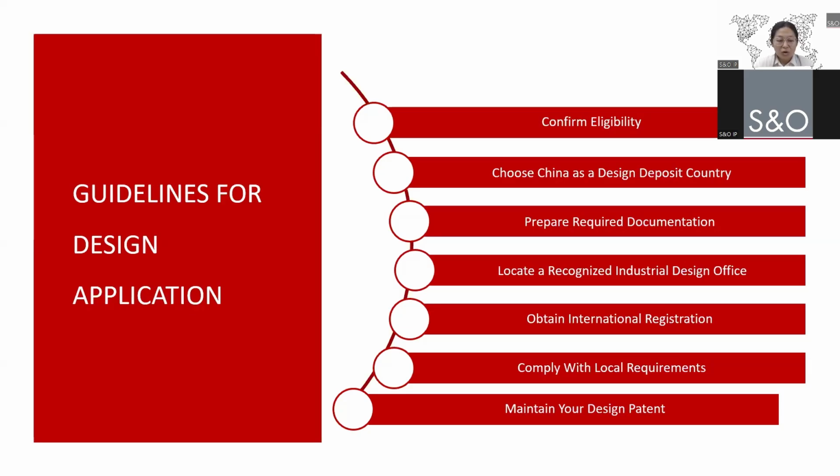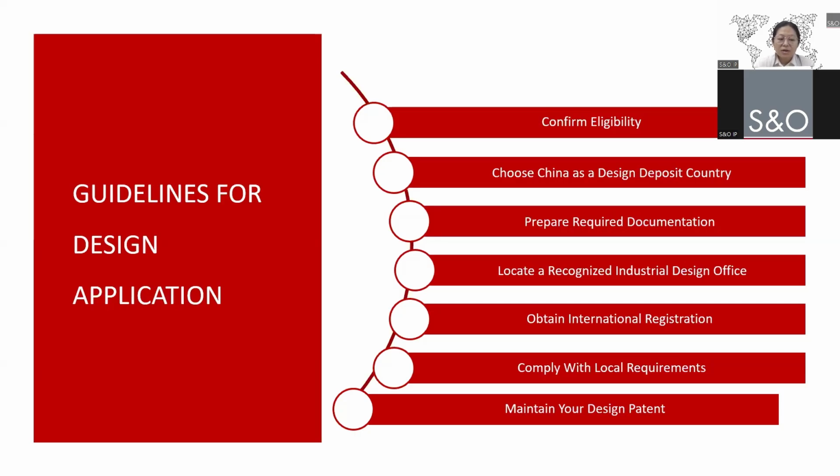Prepare required documentation. Submit clear representations of your design, including drawings, photographs, or samples, along with the application form and any required fees. Ensure that the documentation accurately reflects the features of the design that are novel and deserve protection.